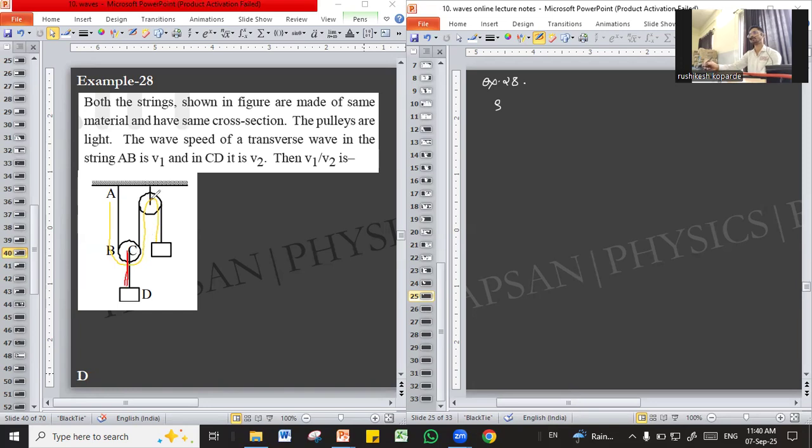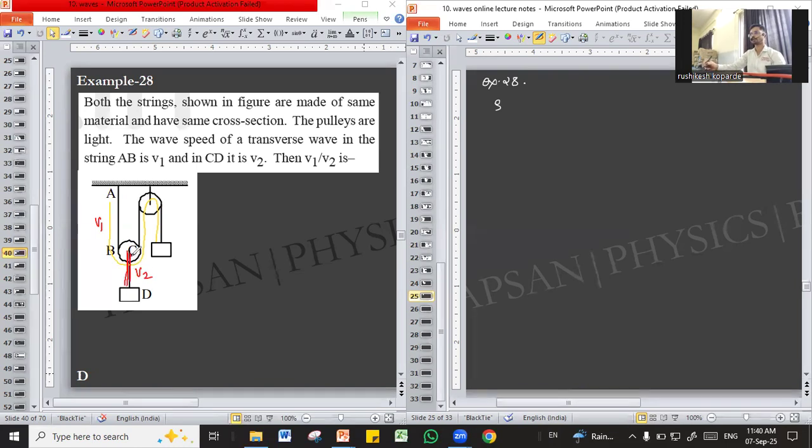So this AB is one string, and this CD is the other string. The wave speed of the transverse wave in AB is V1 and in CD is V2. Then what is the ratio?